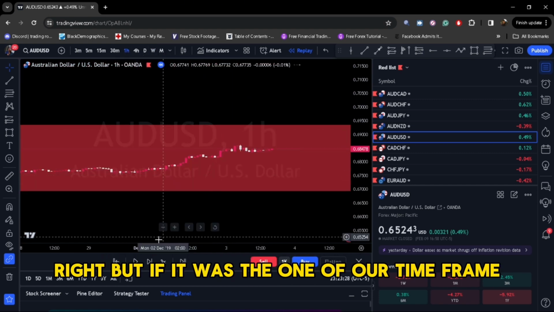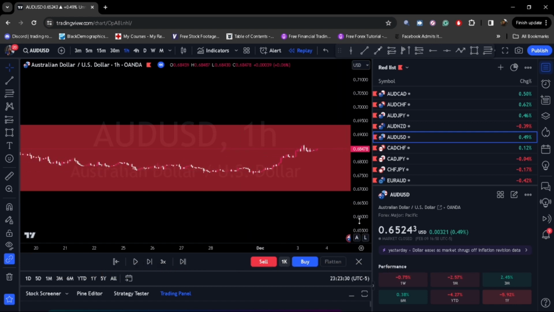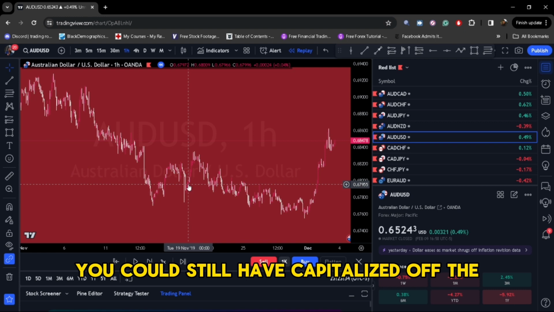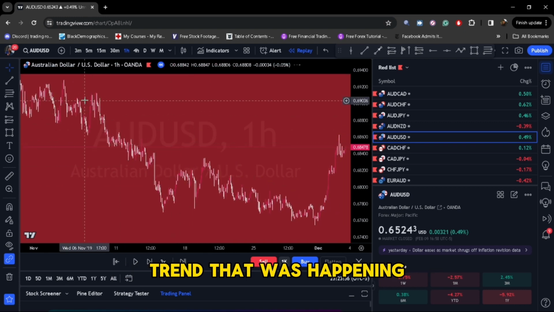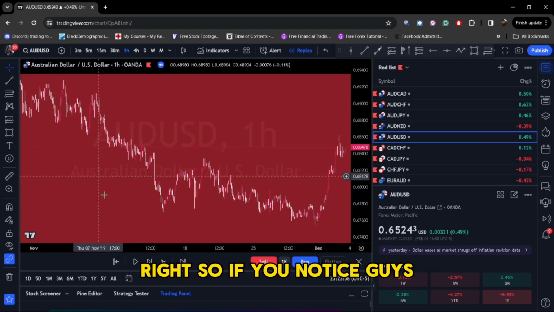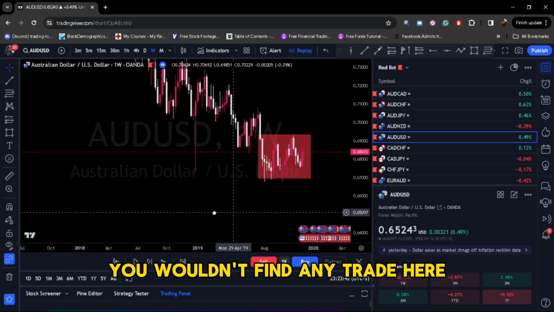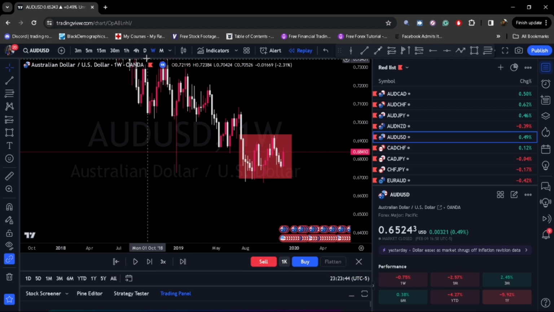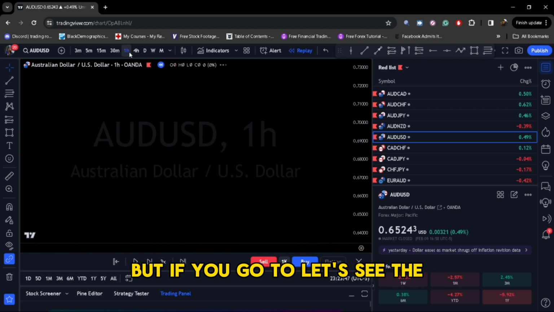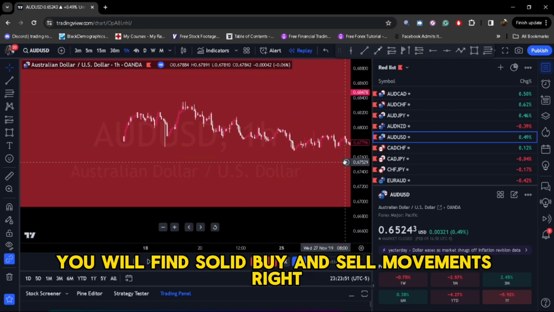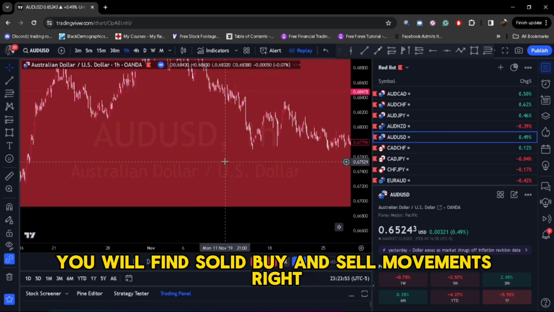But if we go to the 1 hour time frame, guys, you could still have capitalized off the trend that was happening. If you were trading from the weekly time frame, you wouldn't find any trade here. But if you go to, let's say, the 1 hour time frame, you would find solid buy and sell movements.